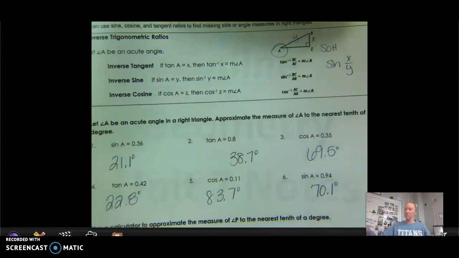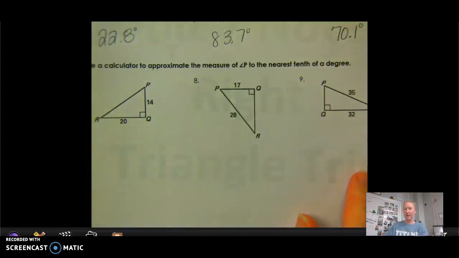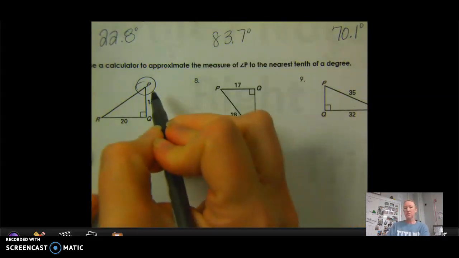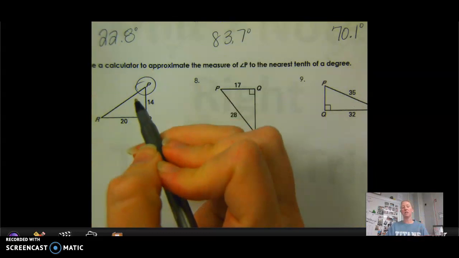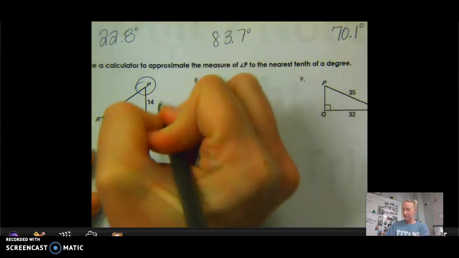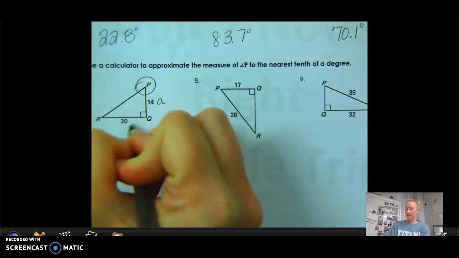Okay. So now I'm going to use the calculator to approximate the measure of angle P to the nearest tenth of a degree. So what we're doing is finding an angle measure, so that means we're going to use our inverse trig functions. This side length is adjacent to angle P. This side length is opposite.